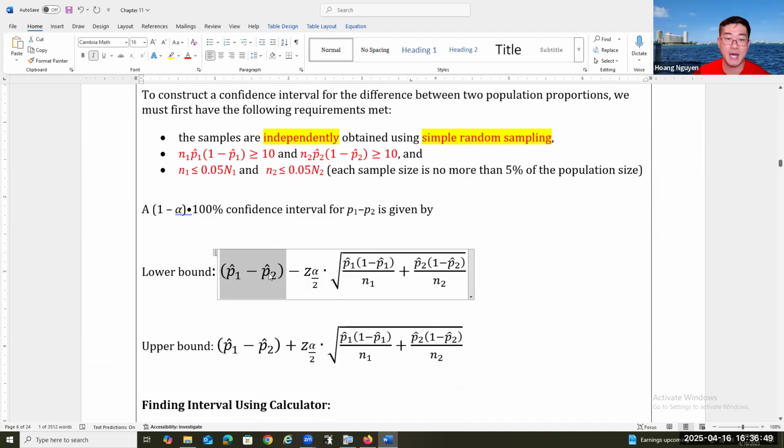So p1 hat minus p2 hat, minus the margin of error E. And then the upper bound is going to be a similar idea. We're going to use the point estimate p1 hat minus p2 hat, plus the margin of error E.